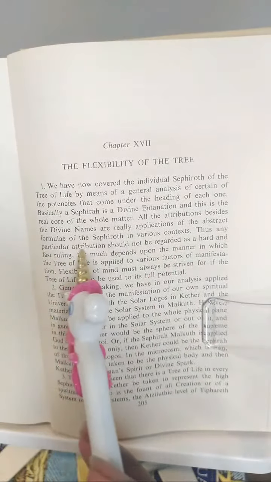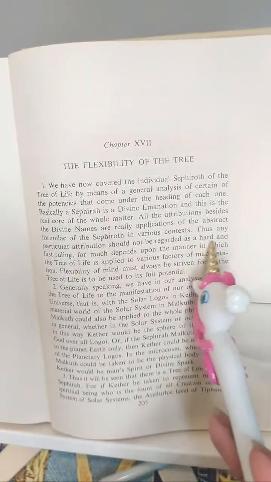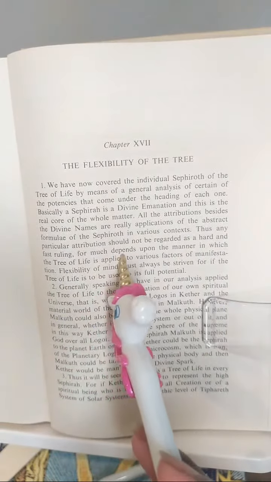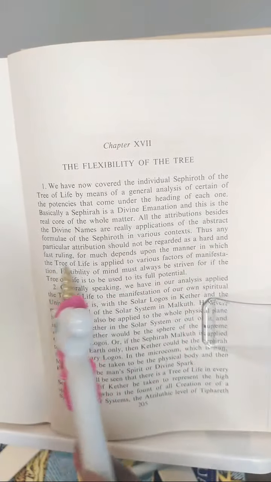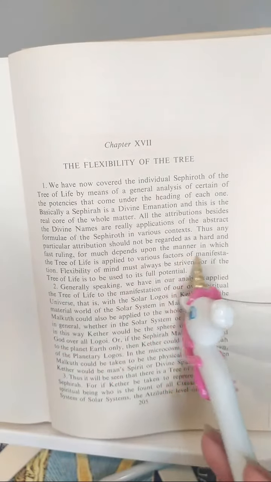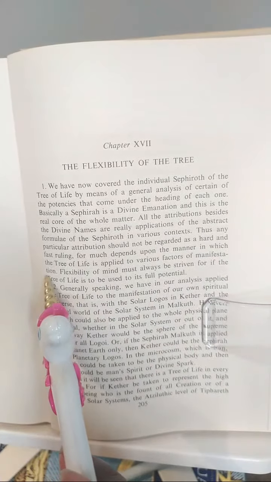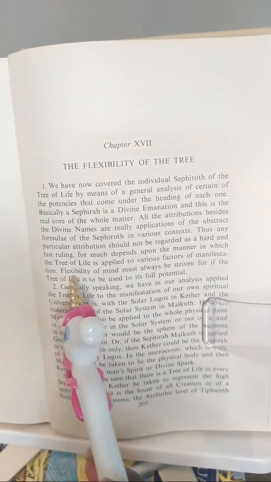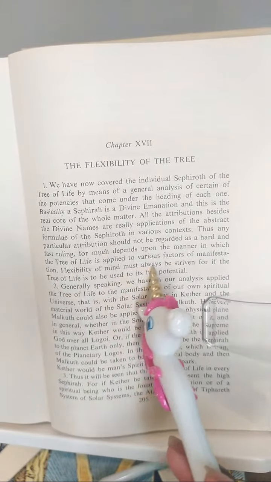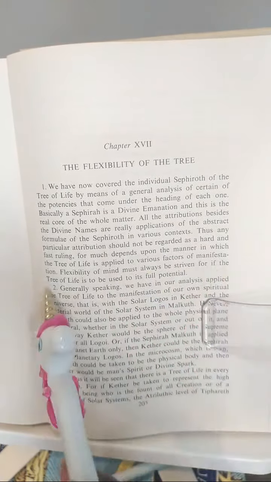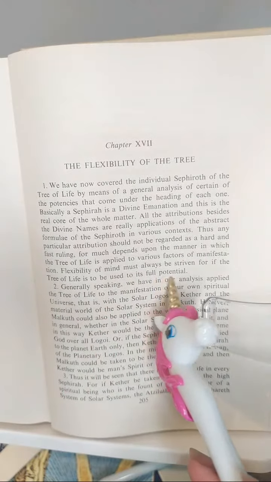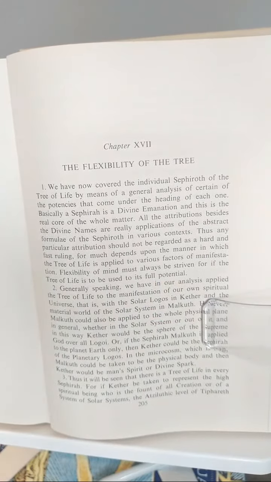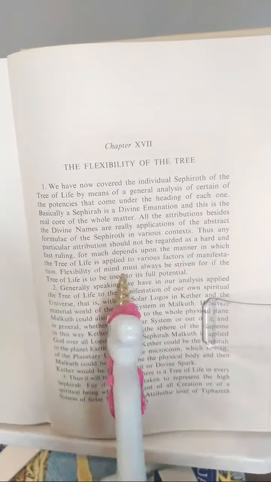Thus, any particular attribution should not be regarded as a hard and fast ruling, for much depends upon the manner in which the Tree of Life is applied to various factors of manifestation. Flexibility of mind must always be striven for if the Tree of Life is to be used to its full potential. Flexibility of mind is a key thing.